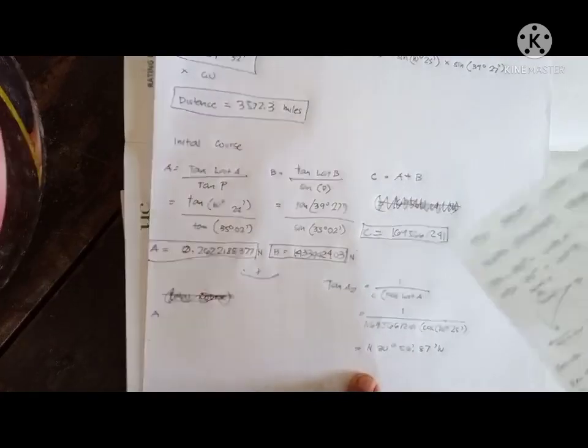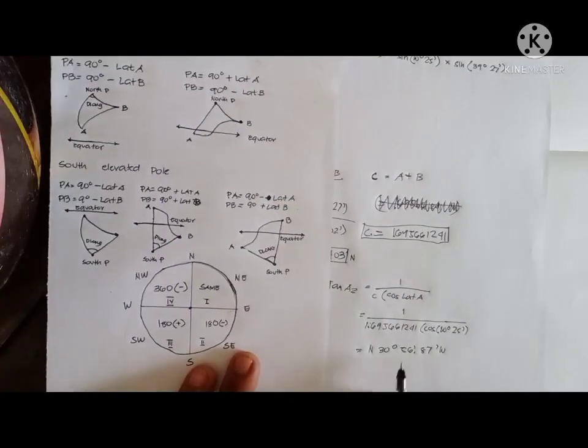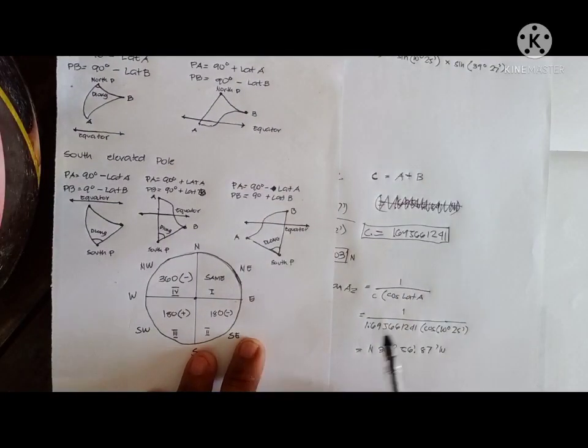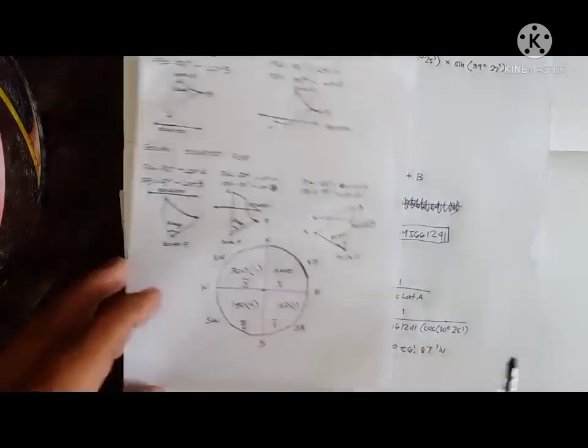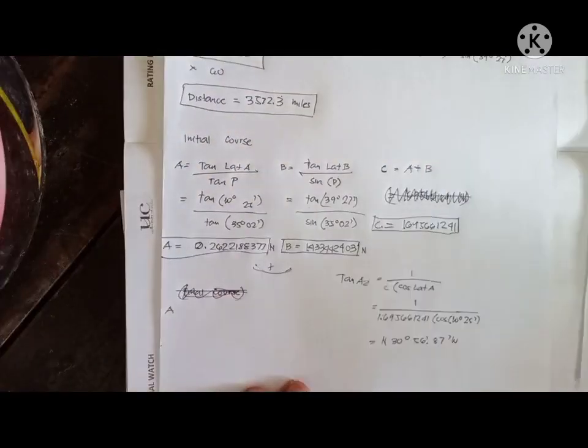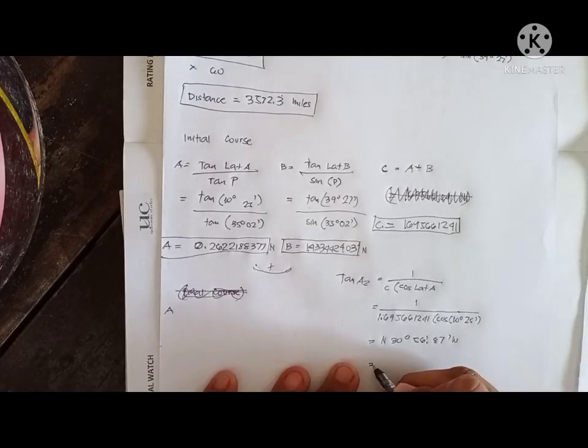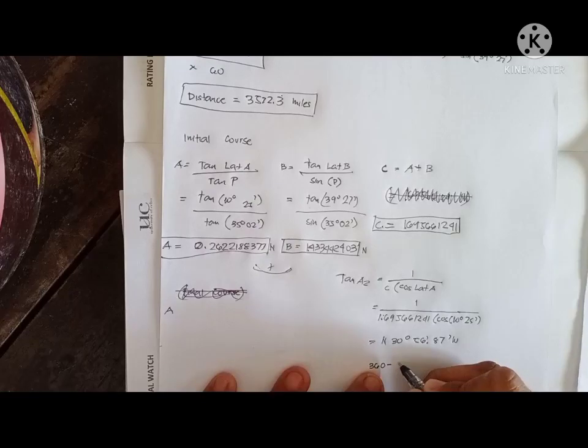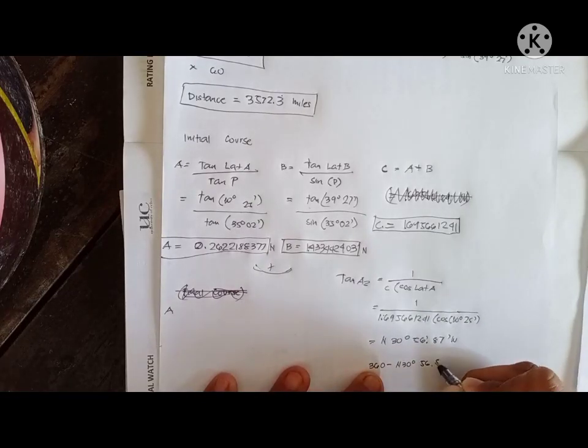It's because the direction here is in the fourth quadrant, which is the northwest. So we will subtract it from 360. So 360 minus 30 degrees 56.87 minutes west.